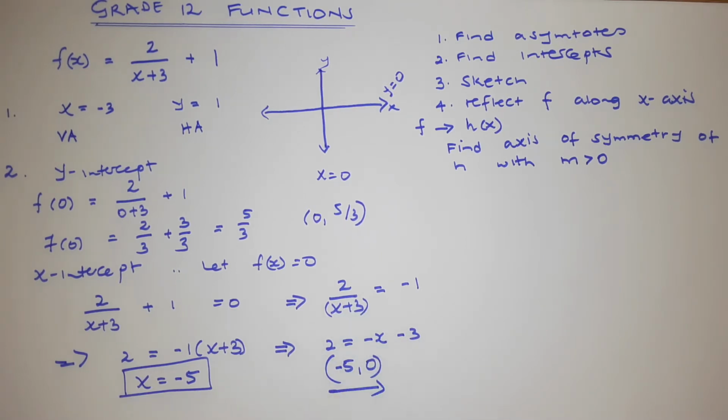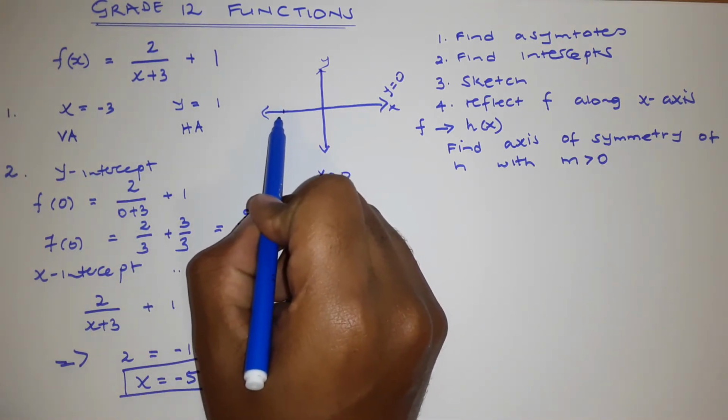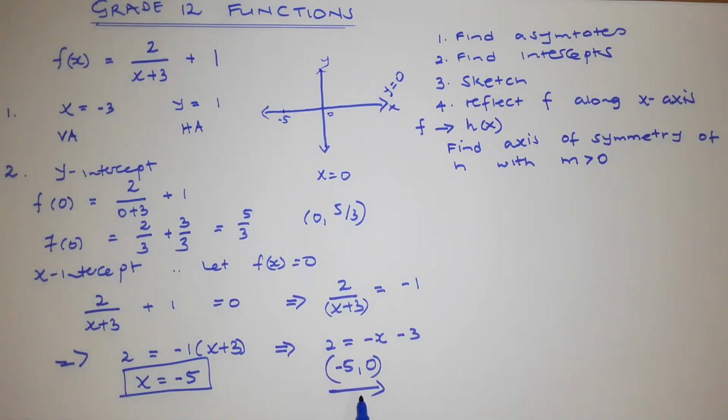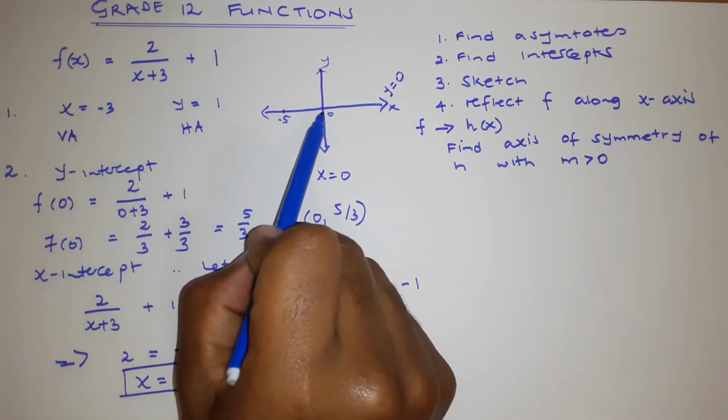The next question requests us to sketch f of x. First, the x-intercept is (-5, 0), so it's going to be somewhere here, not drawn to scale. The y-intercept is (0, 5/3), somewhere here.